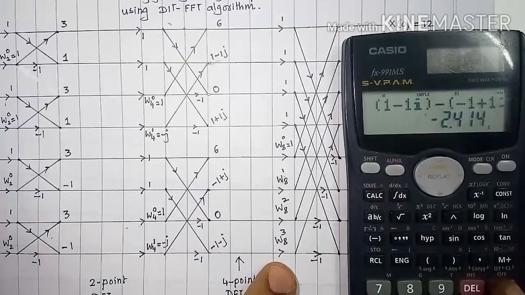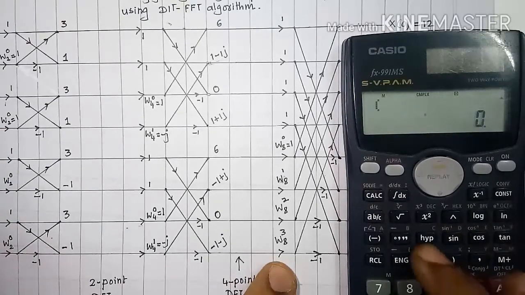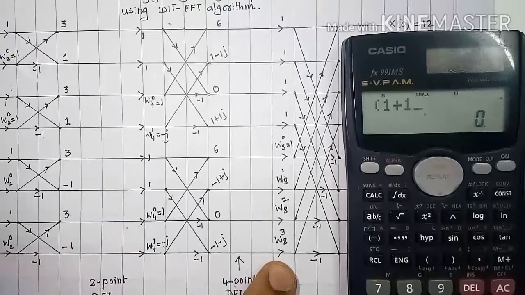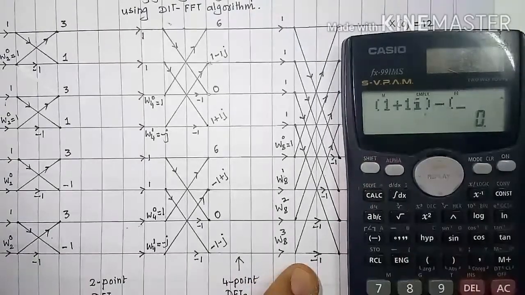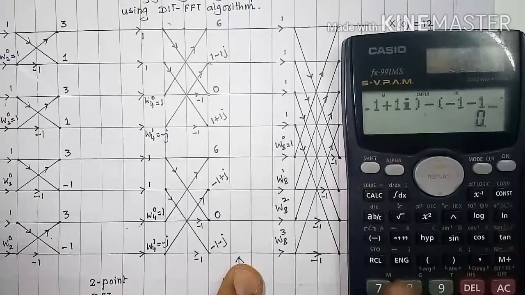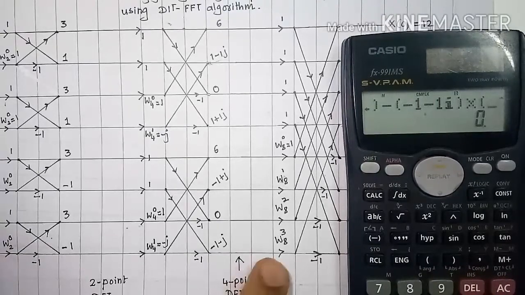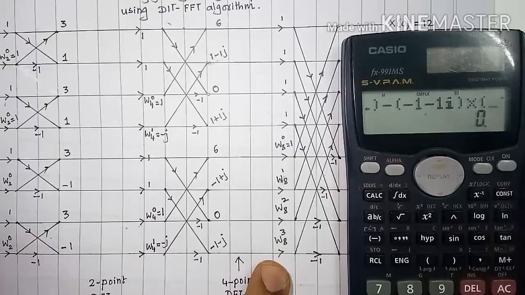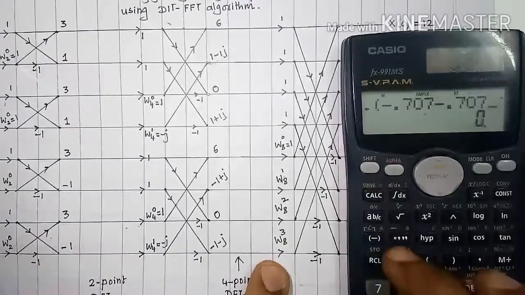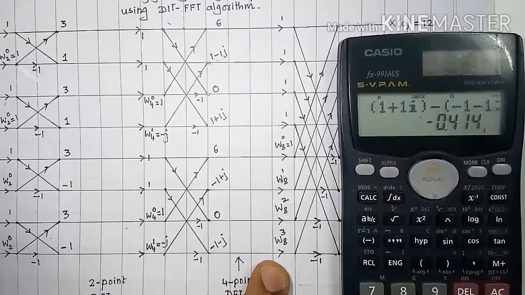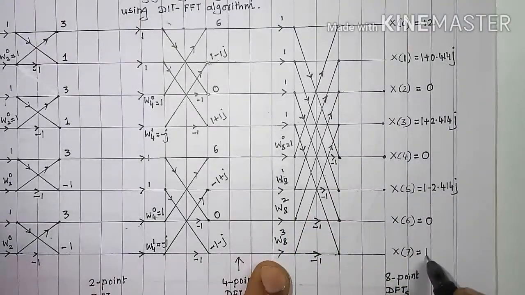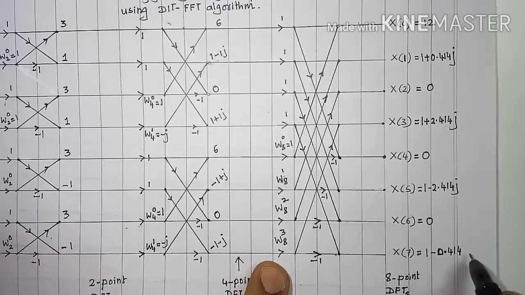Use your calculator. 1 plus 1j minus bracket minus 1 minus 1j into minus 0.707 minus 0.707 j bracket complete equals 1 minus 0.414 j.